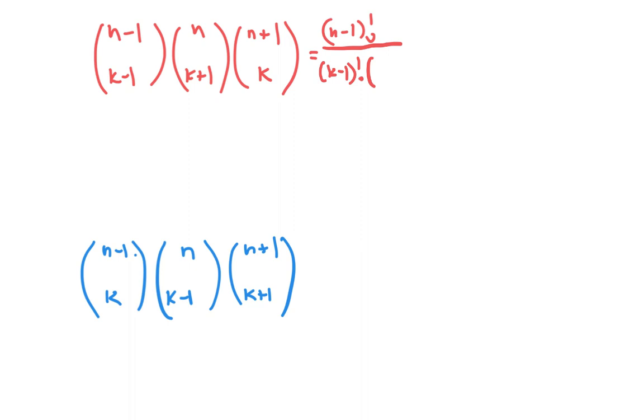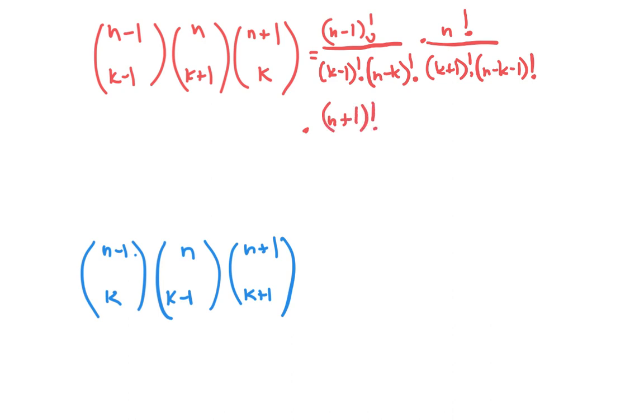So that's going to be n minus 1 minus k plus 1, so n minus k factorial. The second one is n factorial over k plus 1 factorial times n minus k minus 1 factorial. And then finally, n plus 1 factorial over k factorial, and then n plus 1 minus k, which I'll write as n minus k plus 1 factorial. So those three things multiplied together.